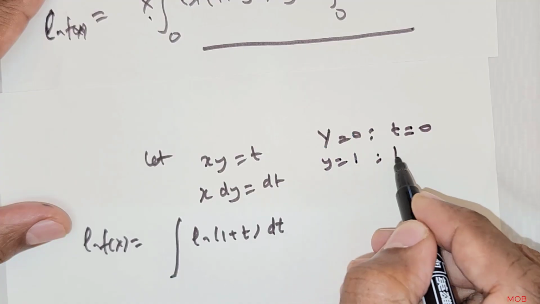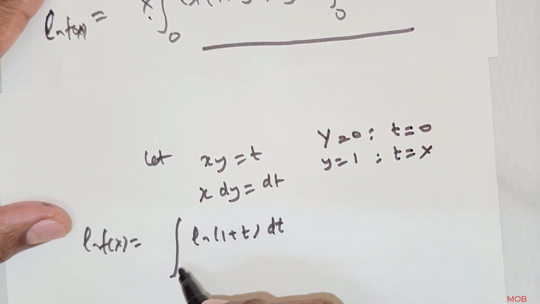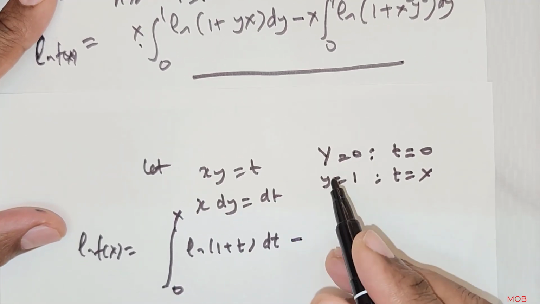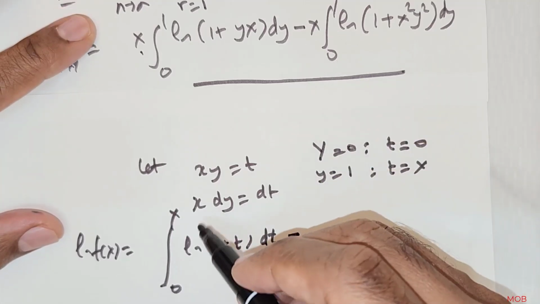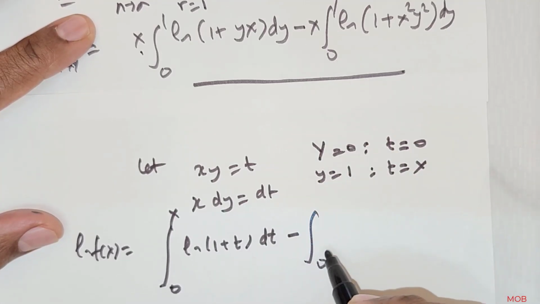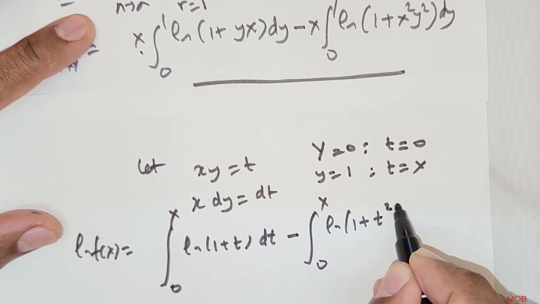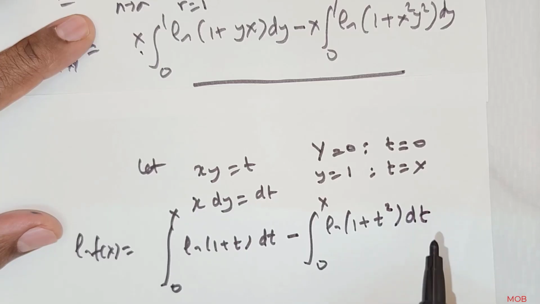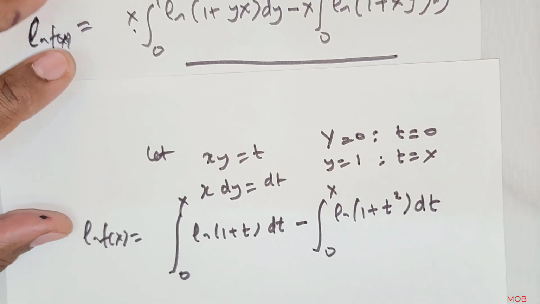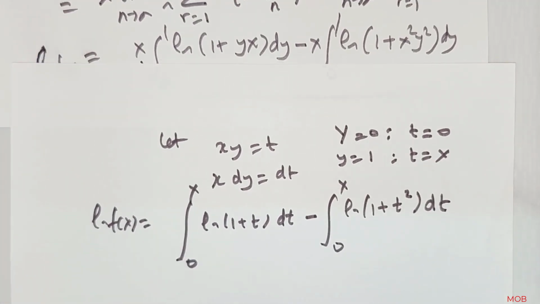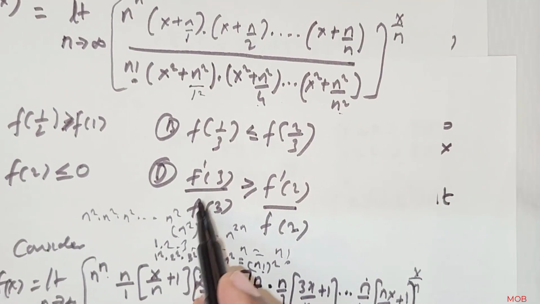When y is equal to 1, t is equal to x. So the limits are 0 to x for this quantity. For the second quantity, we don't have to do anything, just the same substitution remains. So it's going to be integral 0 to x of ln of 1 plus t squared times dt. Okay, so this is what remains. So now we will have to integrate this. Now if you see the requirement of the choices, at one place we are talking about f dash.